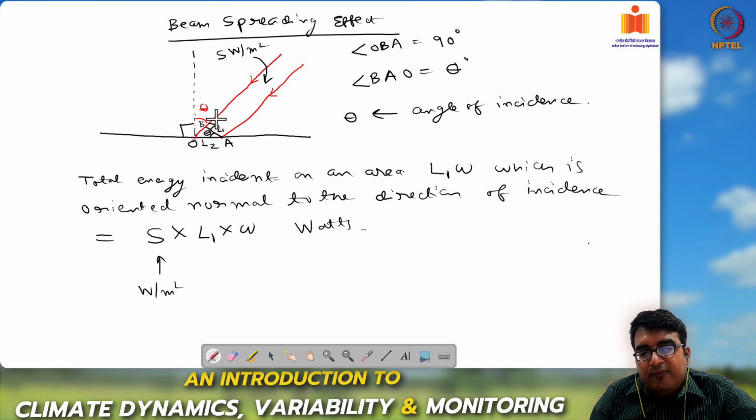So this flux is finally incident on the ground on this area OA.